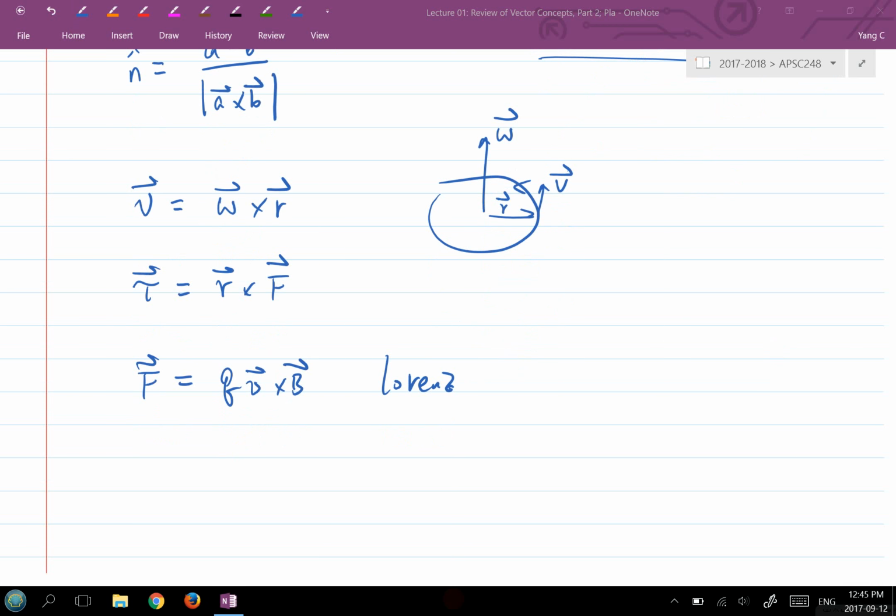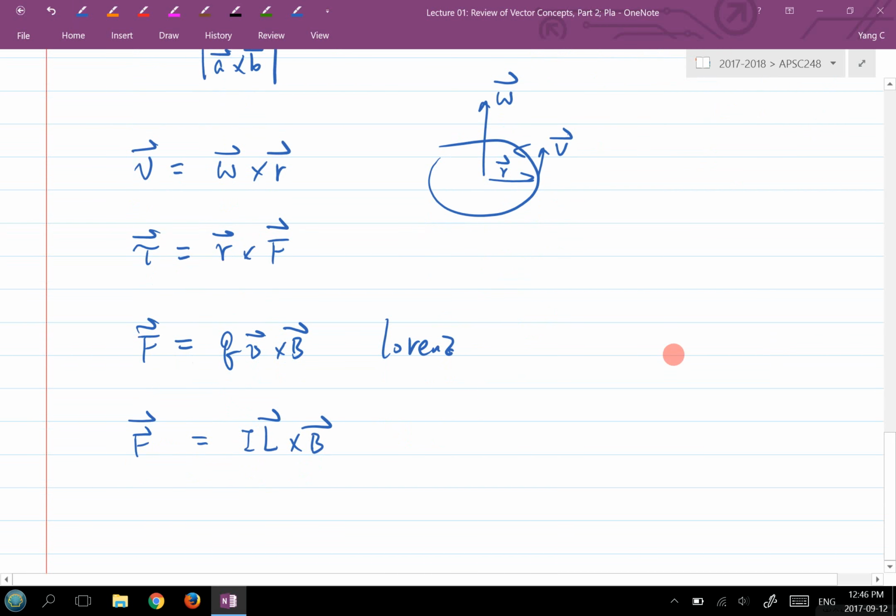And you can also calculate the so-called Laplace force using this formula. Laplace force, essentially, if you have a wire with a current flowing through it, depends on how you orient the wire inside maybe the magnetic field. So that basically will be the Laplace force.